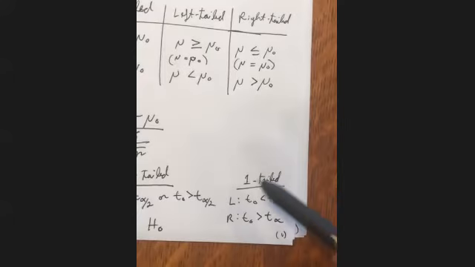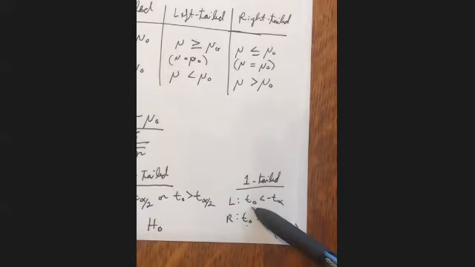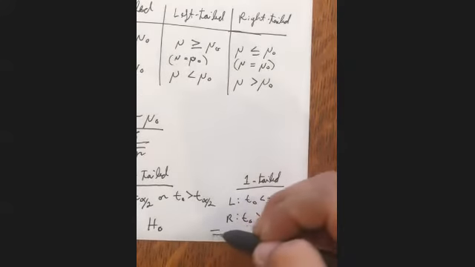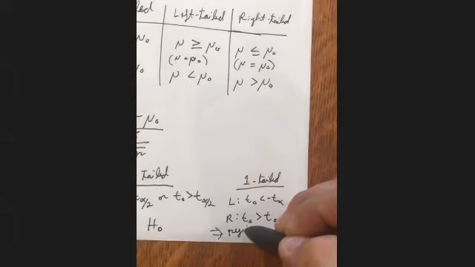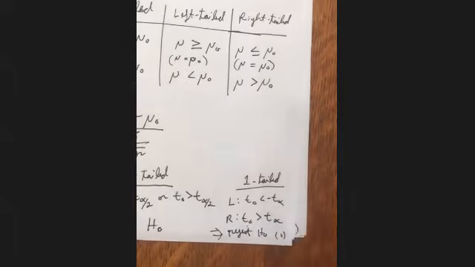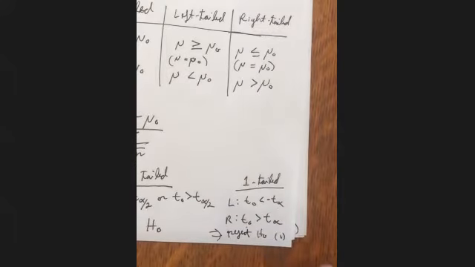For a one-tailed test, we could either have a left or a right-tailed, in which case we're comparing the test statistic to negative T alpha for a left, or the test statistic to positive T alpha for a right. And if it's less than for the left or greater than for the right, then we reject H naught. Okay.